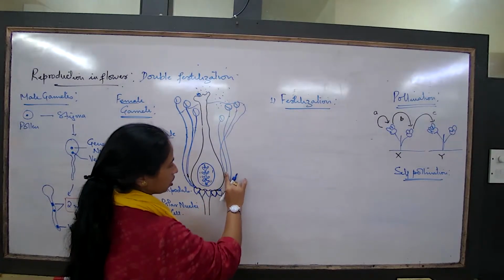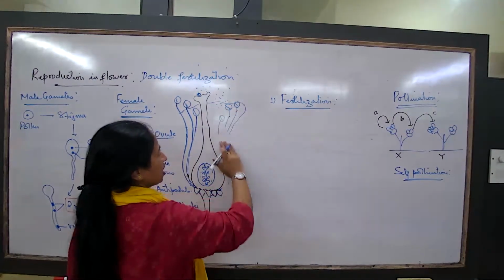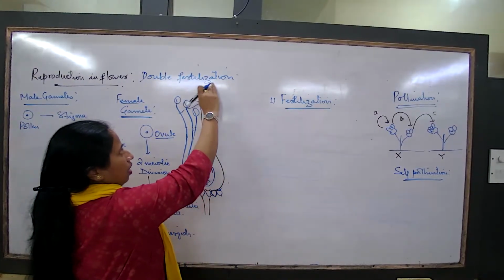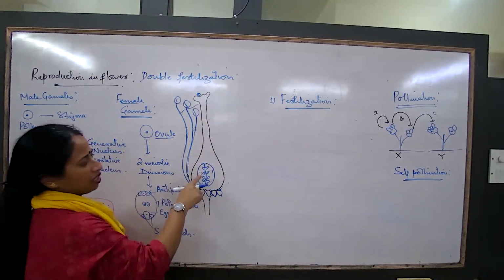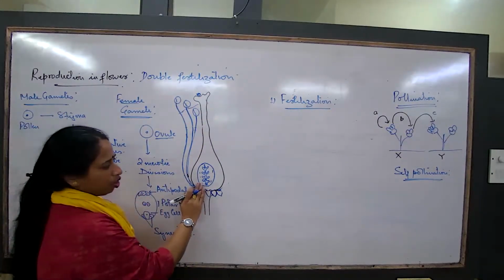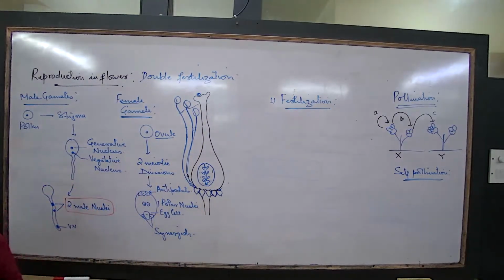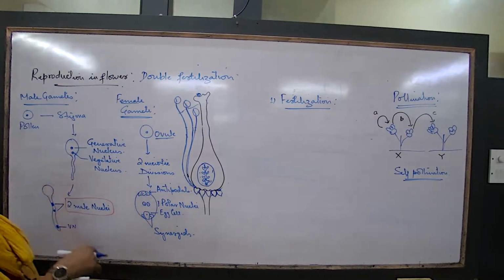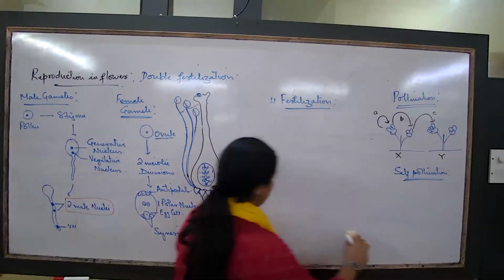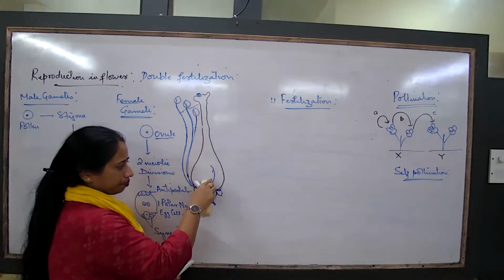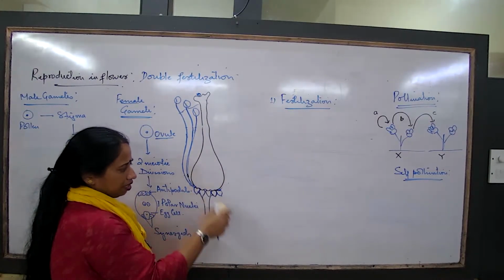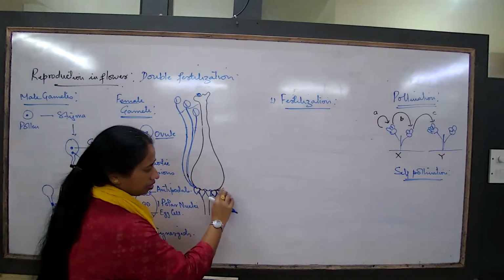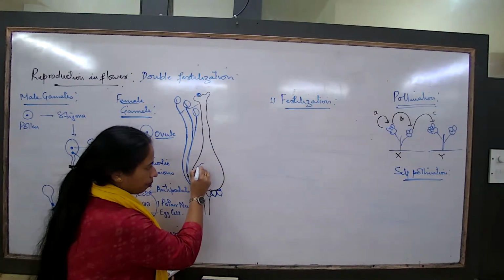For this process of double fertilization, we need to know only the structure of the carpel here, and the anther is showing this. There's one diagram in your textbook or the volume which explains the parts of the stigma. So try to practice drawing this also. Let me finish the syllabus, then I will devote one class only to drawing. In that class, certain extra diagrams we will also have to draw.